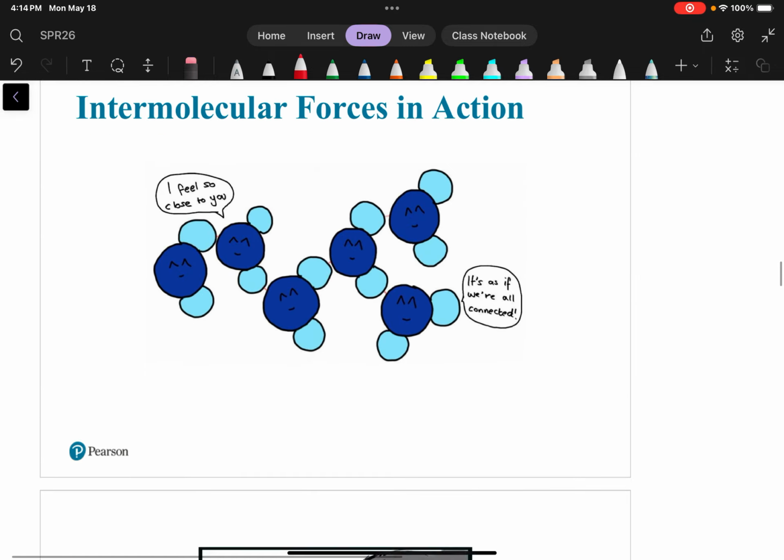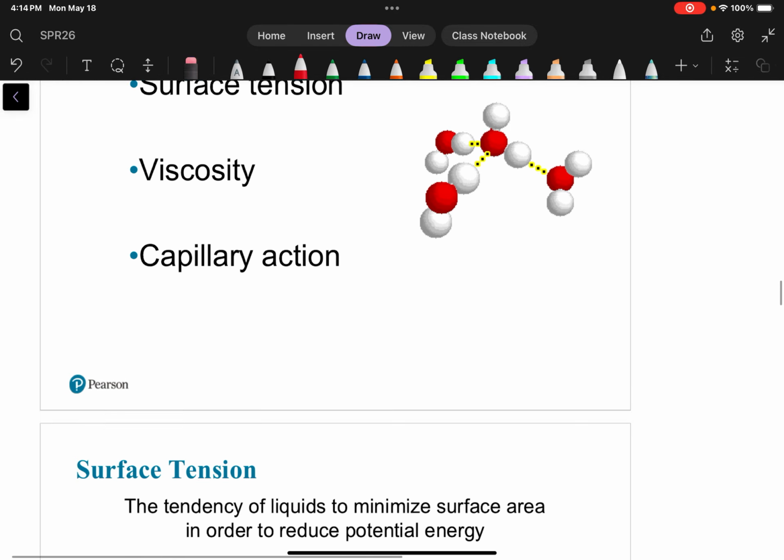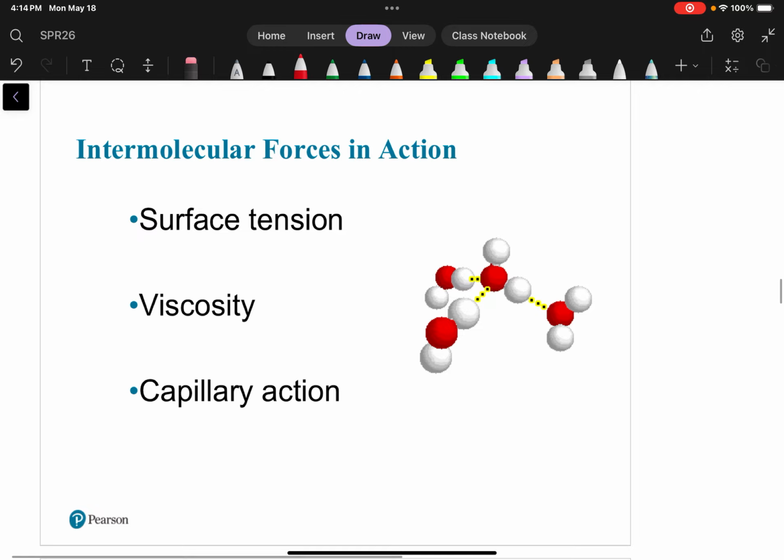So let's look at that a little bit more closely. Specifically, I want to look at three major areas where we see intermolecular forces being particularly important. The first one is surface tension, and then we have viscosity, and then capillary action.